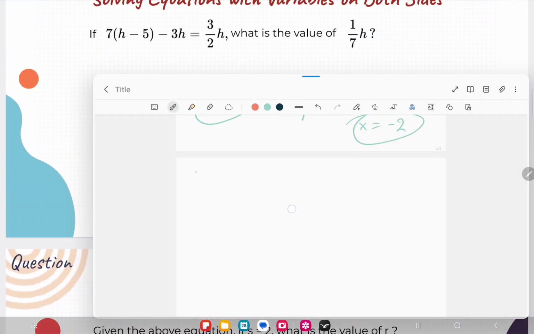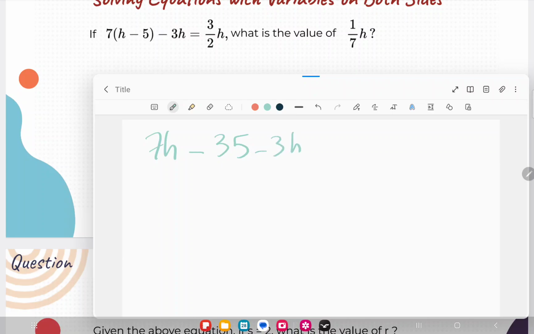Now if I want to solve this one, 7 into h minus 5 minus 3h, let me make my handwriting a bit smaller. So 7 into h minus, I'm going to solve it as we go. So 7h minus 35 minus 3h.